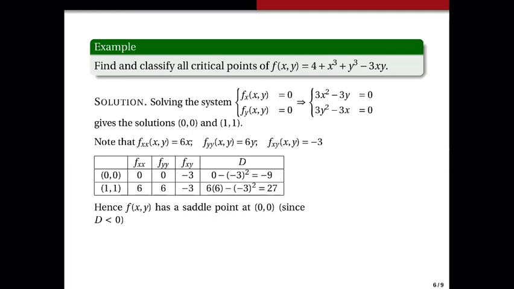Now, your d is a positive number. And your f sub xx is also positive here. Okay? Which means that at the point 1, comma 1, we have a relative minimum. Okay?